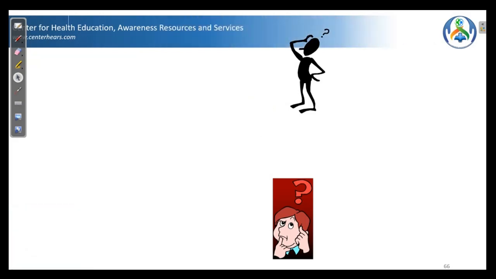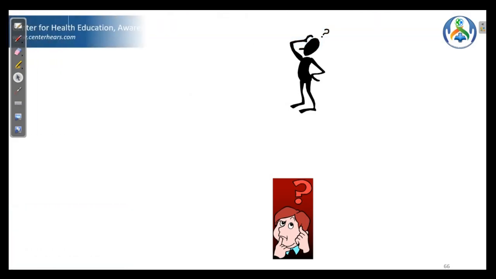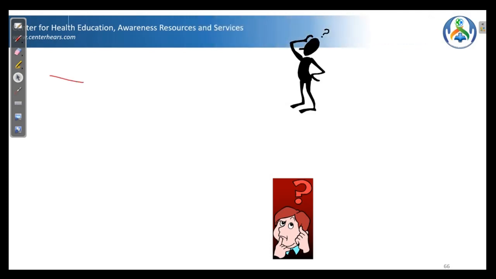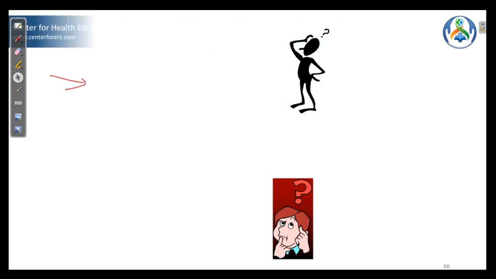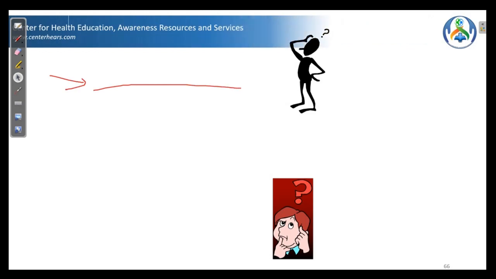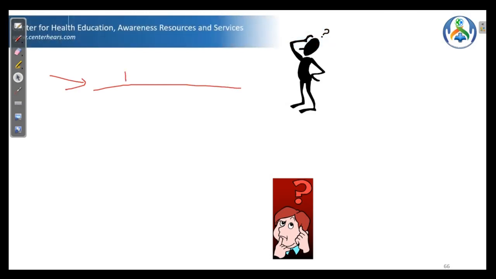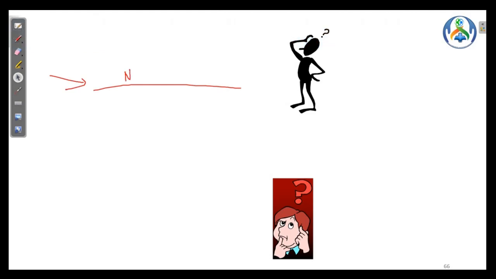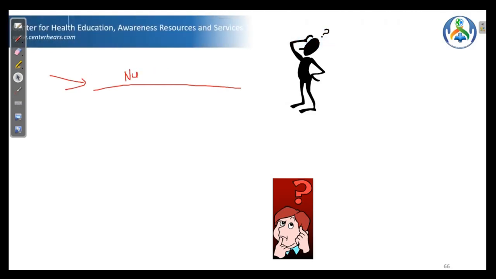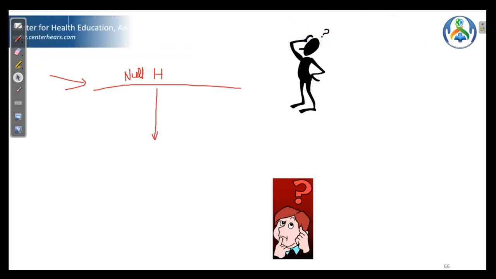Now what happens, we give a statement in statistics that is called the null hypothesis. We give the null hypothesis and we conduct the study and try to find out the probability of this null hypothesis.